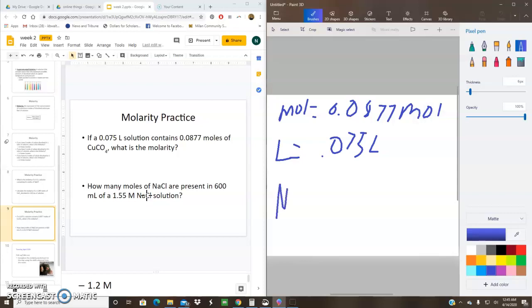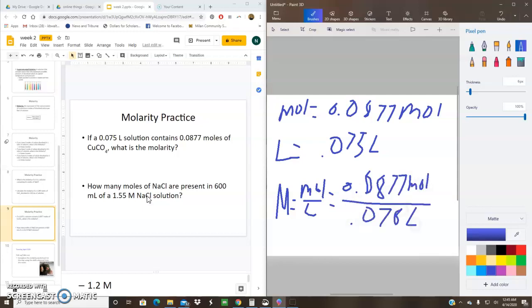Then we look at our equation. Molarity is equal to moles over liters. So we just go ahead and plug in. 0.0877 moles over 0.075 liters. So at this point, all we got to do is plug it into the calculator. I invite you to pause now to do so on your own time.